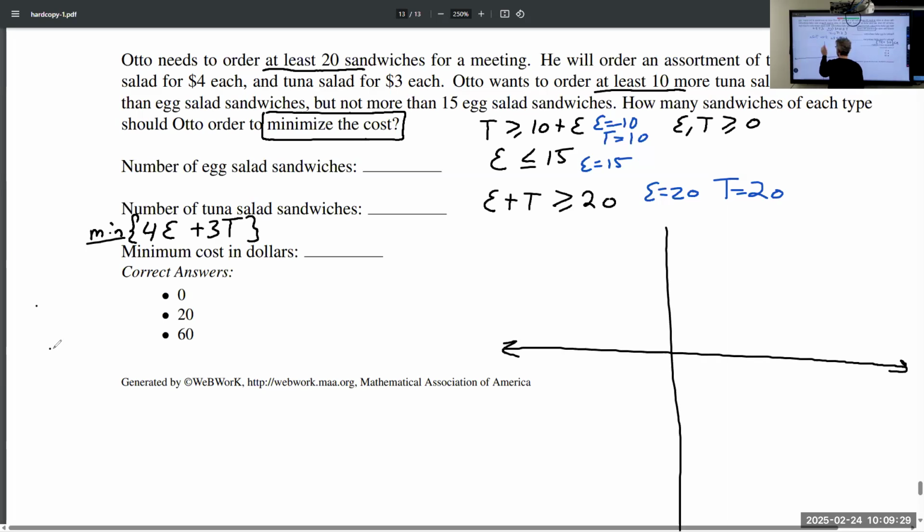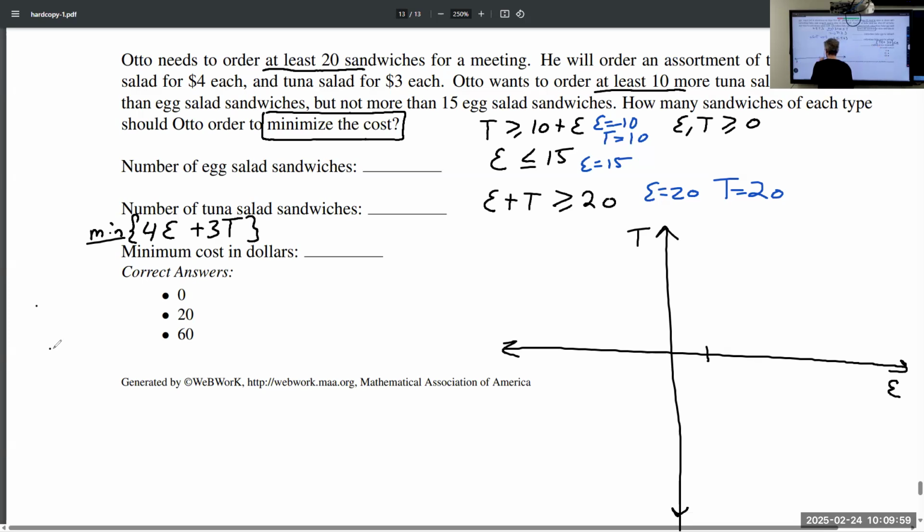The smallest value that the eggs can take is -10, and the largest value that tuna can take is 20. So I think I'm just going to have egg versus tuna here. And I think kind of in my head, I'm going to graph everything by 5s because I have 10s, 15s, and 20s.